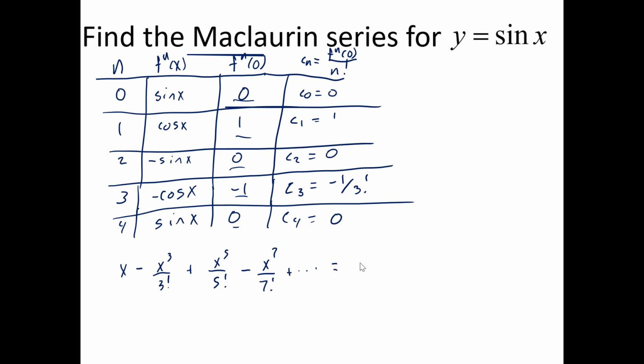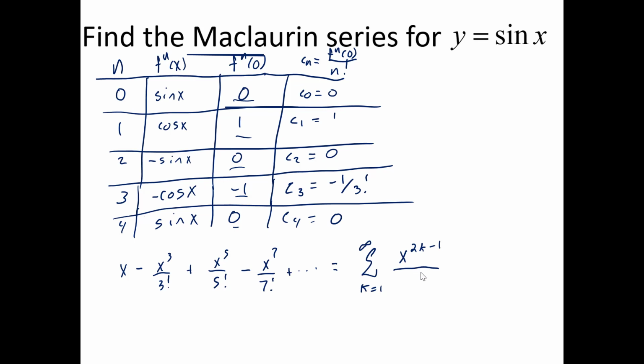We can write this in summation notation. We can start this at 1, and so we go from k equals 1 to infinity, and the exponent on x is 1, 3, 5, 7. Those are just the odds: 2k minus 1.